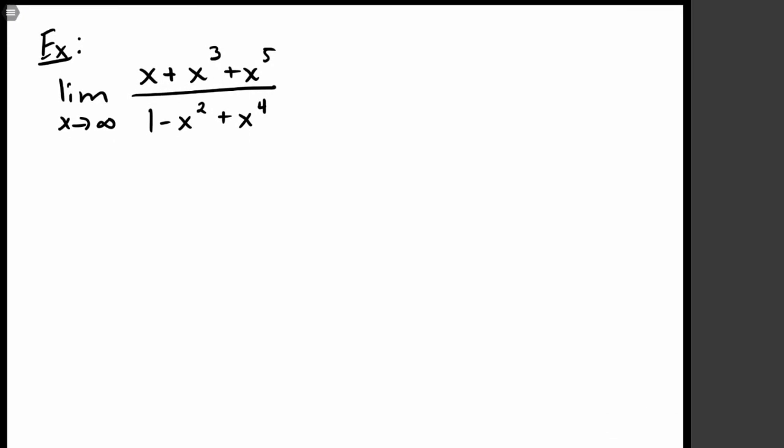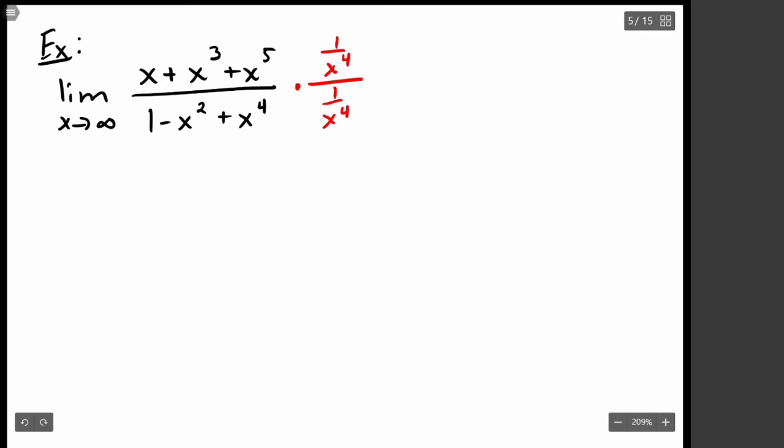So, what can we do? Well, what we're going to do is look at the denominator of this function and look at the highest power in the denominator. In this case, it's x to the fourth. So what we're going to do then is multiply the top and the bottom by 1 over x to the fourth.